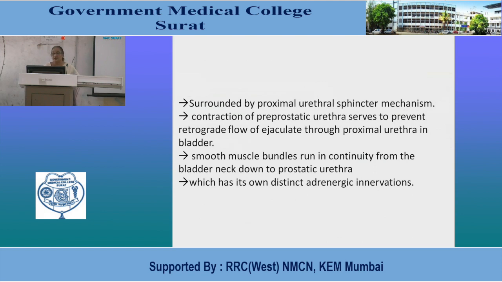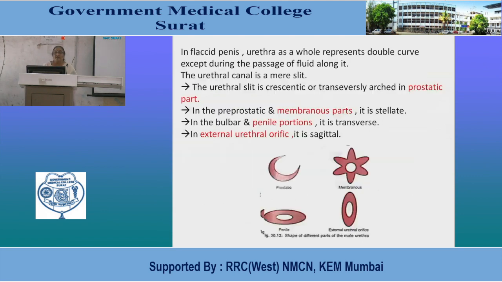Smooth muscle bundles run in continuity from the bladder neck down to the prostatic urethra, which has its own distinct adrenergic innervation. In the flaccid state of the penis, the urethra as a whole is double curved. Except during the passage of fluid along it, the urethral canal is merely slit-like.